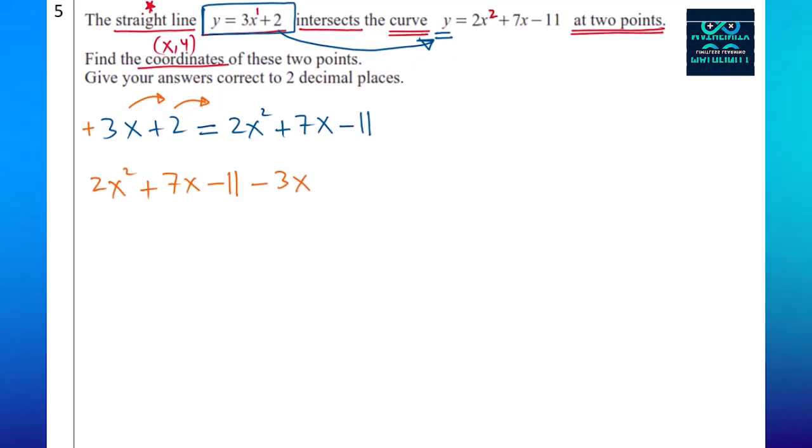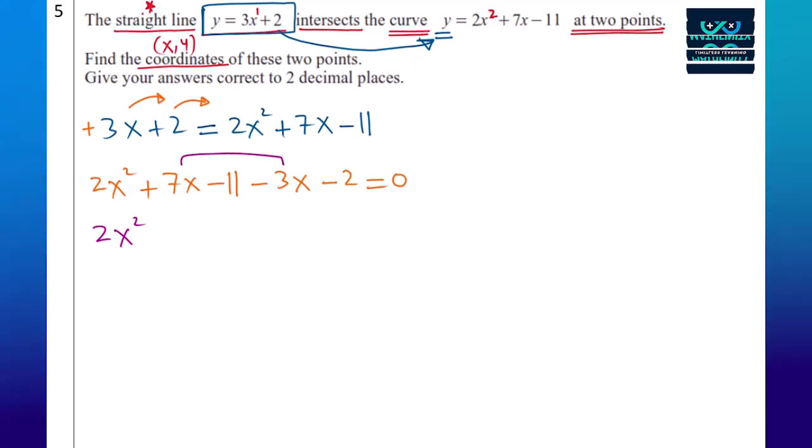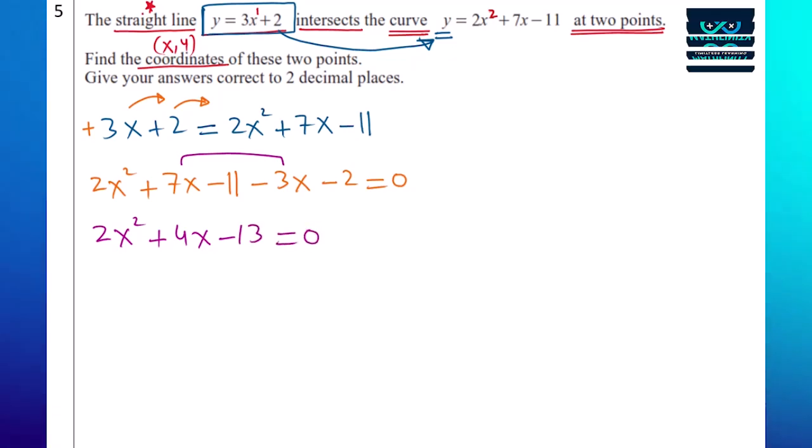Negative 3x, negative 2 equal to 0. We have to add or subtract the like terms. So we will write 2x squared plus 7x minus 3x plus 4x, minus 11 minus 2 minus 13 equal to 0.